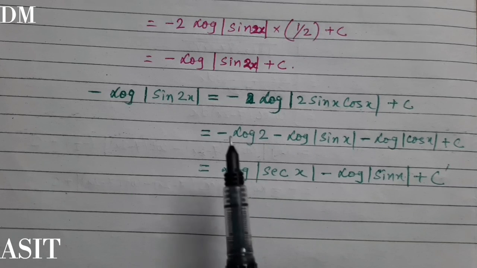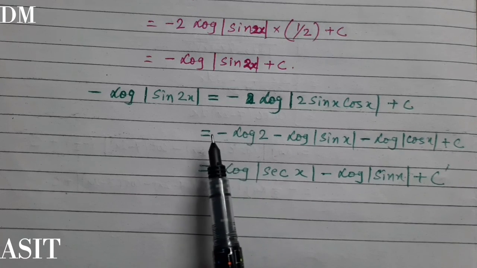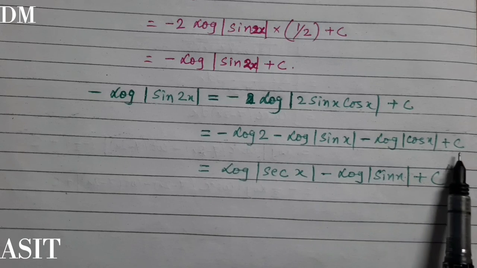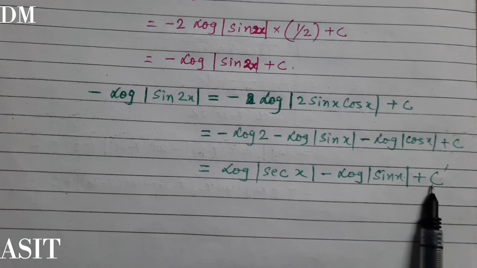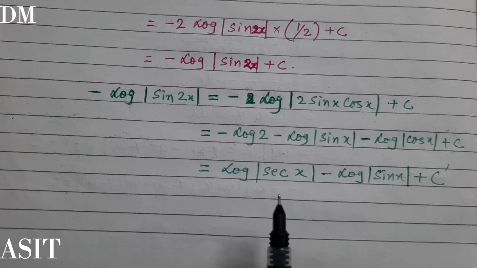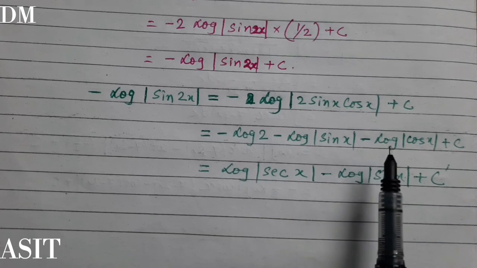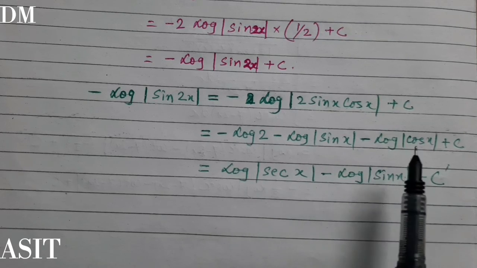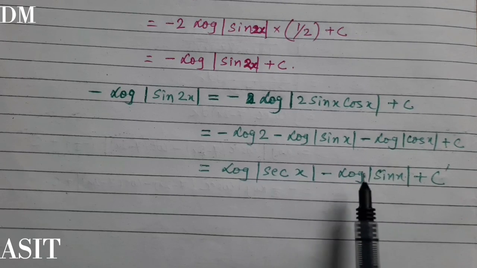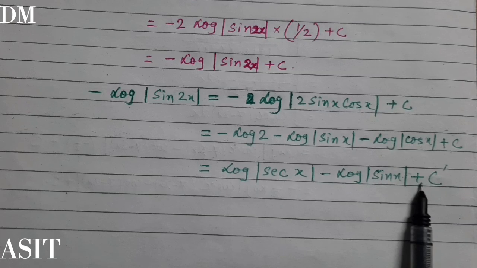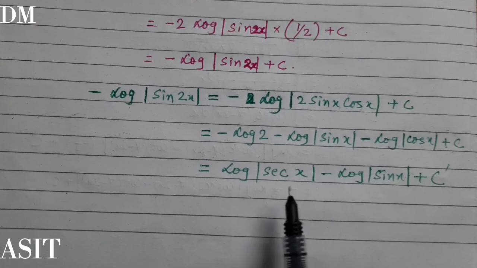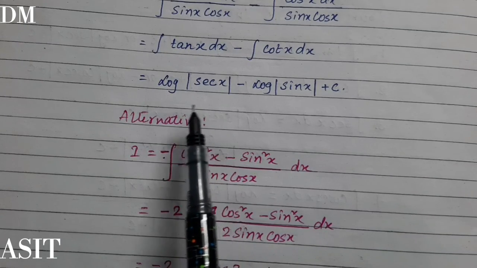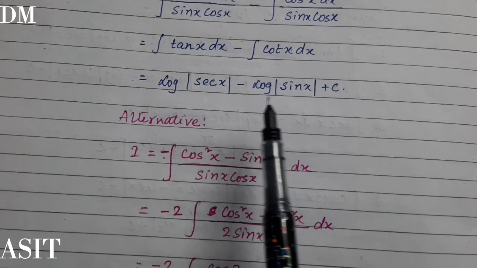Now this minus log 2 is a constant number, so we can add it with this constant and make it another new constant, c dash. And now this minus log cos x can be log of secant x. So this will be log of secant x minus log mod sine x plus c. Now we can see this is the result of the first method. Here we have the result, log mod secant x minus log sine x plus c.